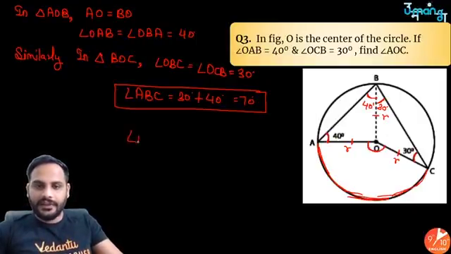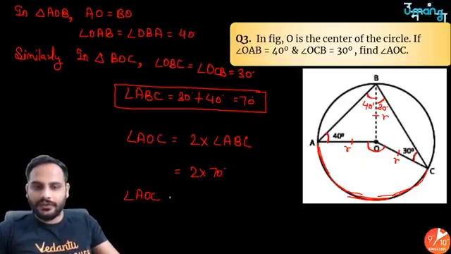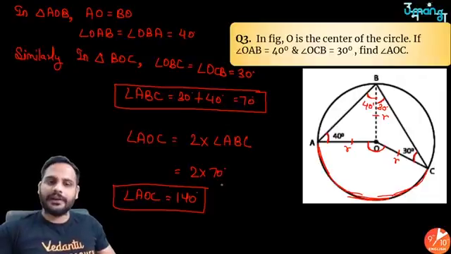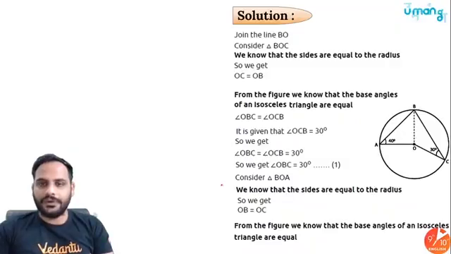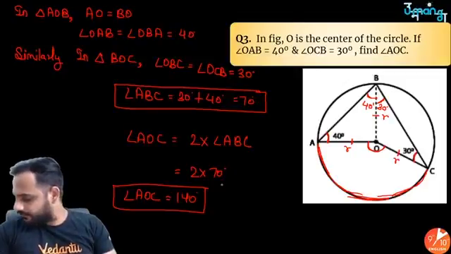So angle AOC will be double of angle ABC, or you can say angle ABC is half of AOC, same thing. So it will be equal to 2 times 70 degrees. So angle AOC is equal to 140 degrees. Alright. So question number 3 will be your correct answer. Sorry, 140 degrees will be your correct answer.